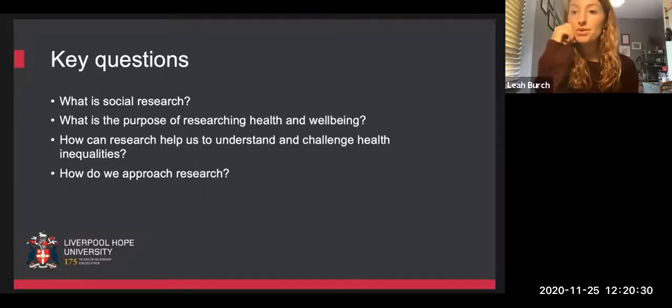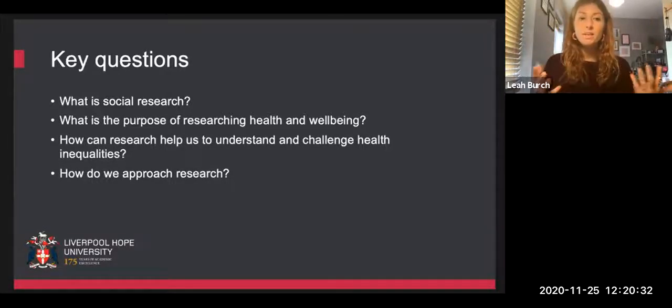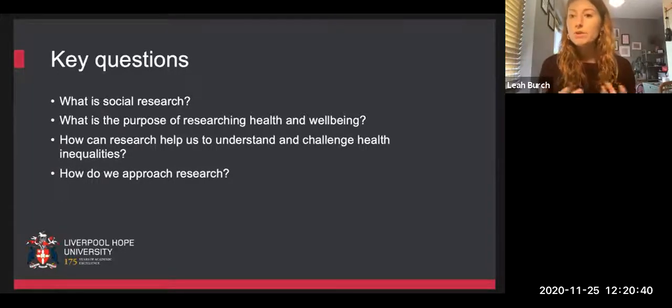So this is important because when we're planning a research project, we want to know what the aims of that project are. So we're really going to be trying to break down, what's the purpose of doing research? Is it just because we want to know more about a certain topic? Or is it to generate knowledge so that we can act upon that knowledge and make these important changes?